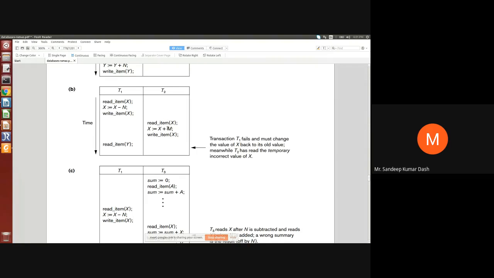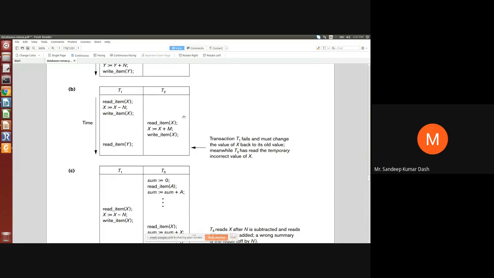Then this transaction is reading the data item, modifying it further, writing it into the database. Then this transaction was trying to read data item Y. After that, it failed. So when it failed, this has to be rolled back. This entire modification will be cancelled. The modification which T1 did, subtracting n from X, that value was read by T2. So when it got cancelled, this also should be cancelled. This also should be aborted.